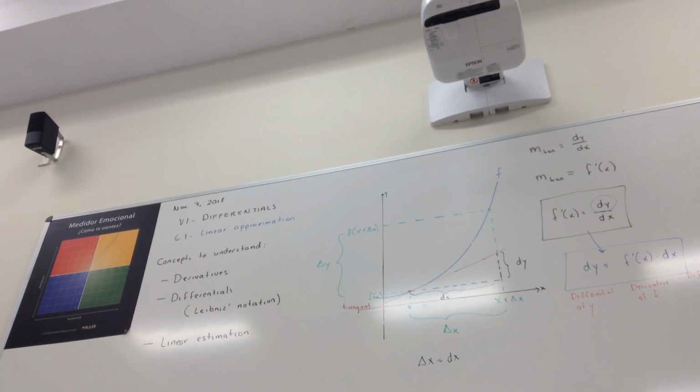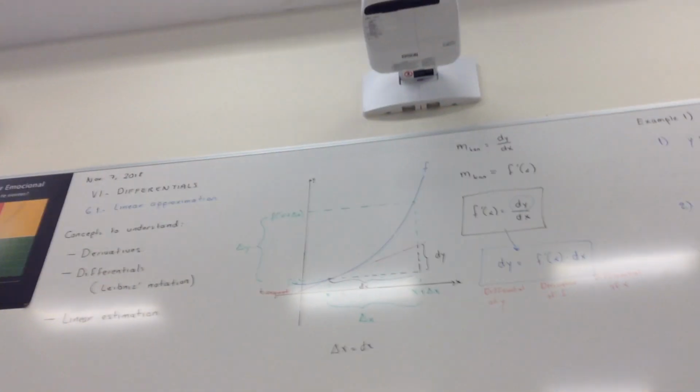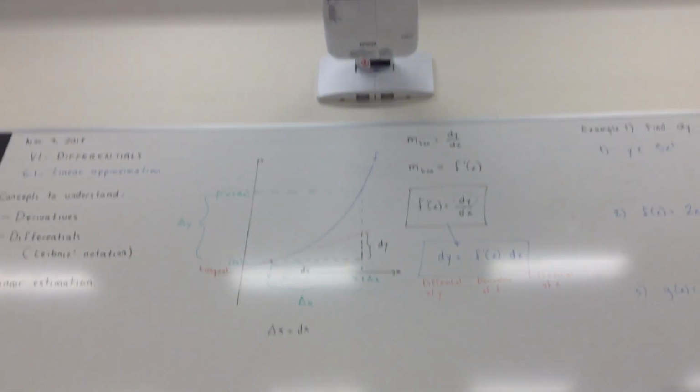Another one, f of x equal to 2x to the 4th power plus 2 sine of x. And another one, the square root of x plus 1 over x. Okay? I have these three functions. The question will be, find dy. What do I do? Apply the formula.